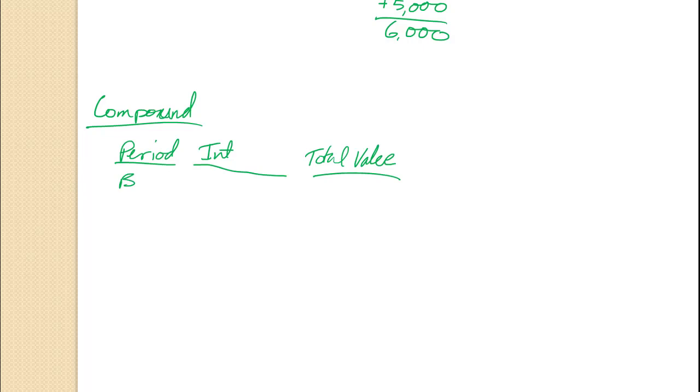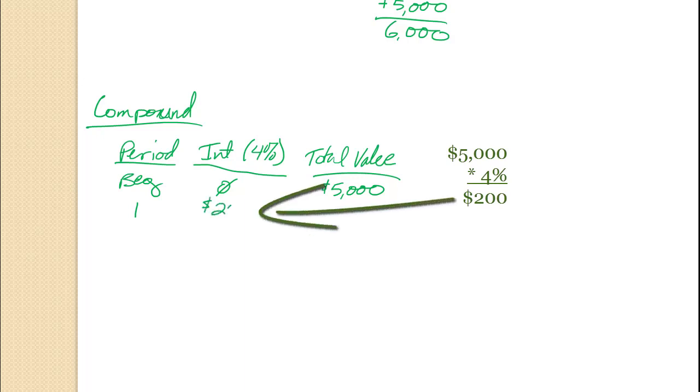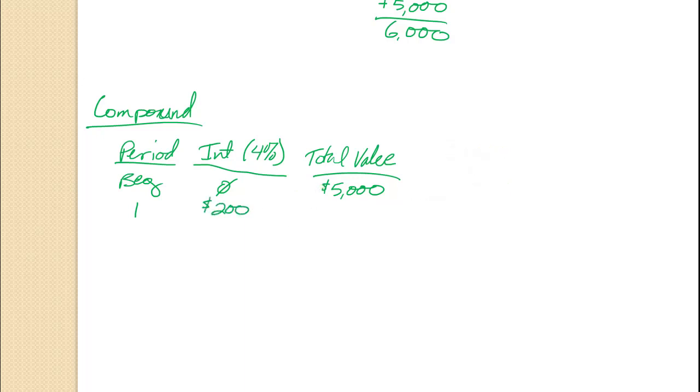So at the beginning, we've had no interest, but we start with $5,000. At the end of year one, we will now have accrued 4% interest on this 5,000. So 5,000 times 4% is $200. So in that account now, I have $5,200. That's the end of year one.